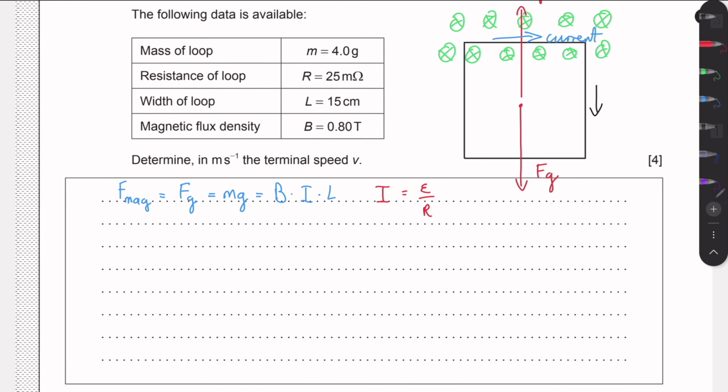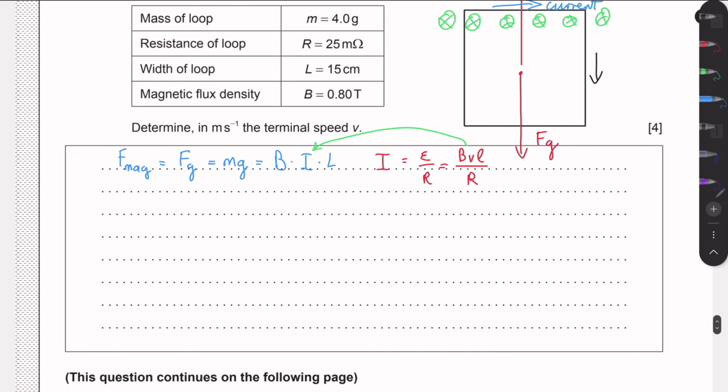And we also know how to calculate the induced EMF in some length of wire moving with some speed v. So we know that EMF is just BvL. This is also from the data booklet. And so this will be the magnitude of our current. So now all we need to do is plug this into this. And then we will have an expression with speed in it.